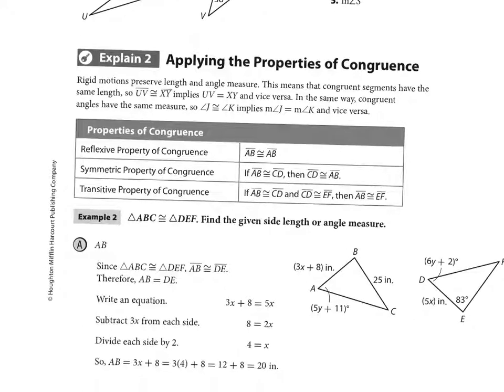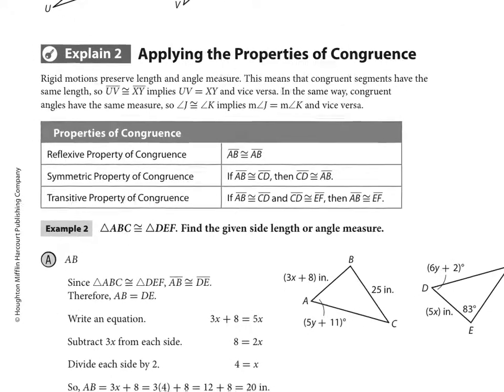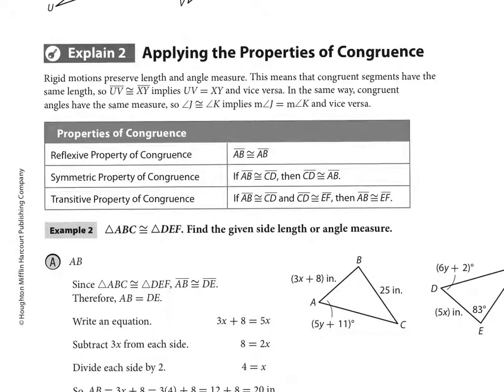All right, now applying the properties of congruence. Reflexive means that if segment AB is congruent to segment AB, it's just the reflective property. You write the same thing on the other side. Symmetric property, remember I said that the S word was simply switching sides, remember?